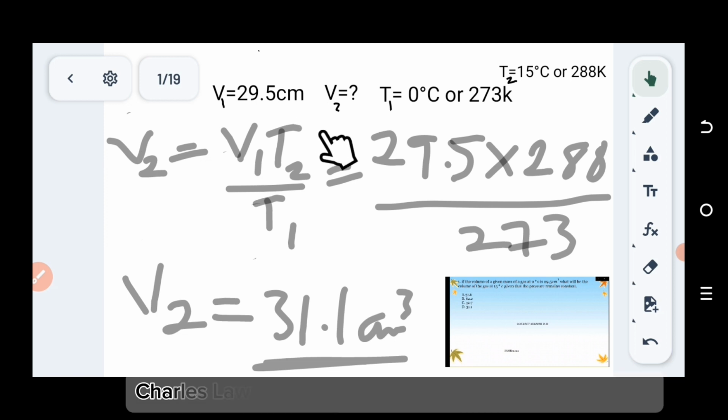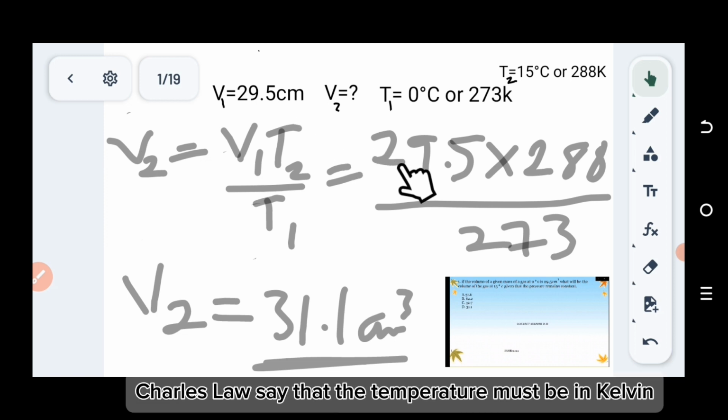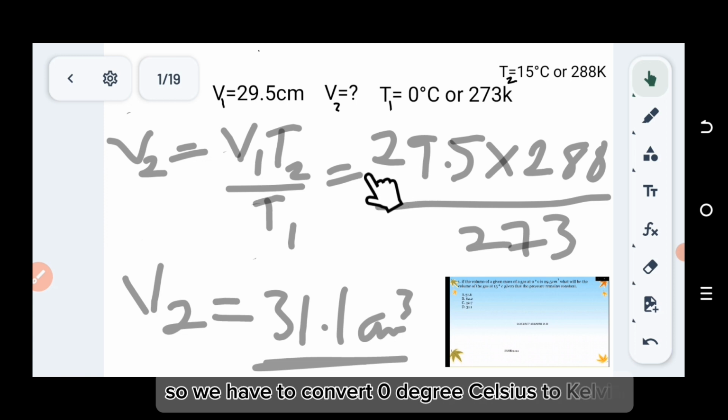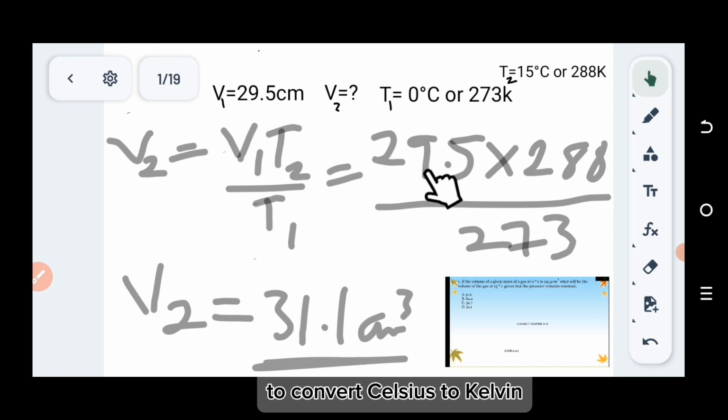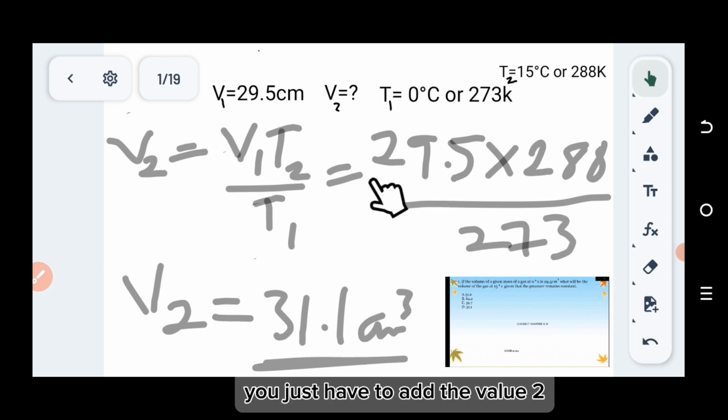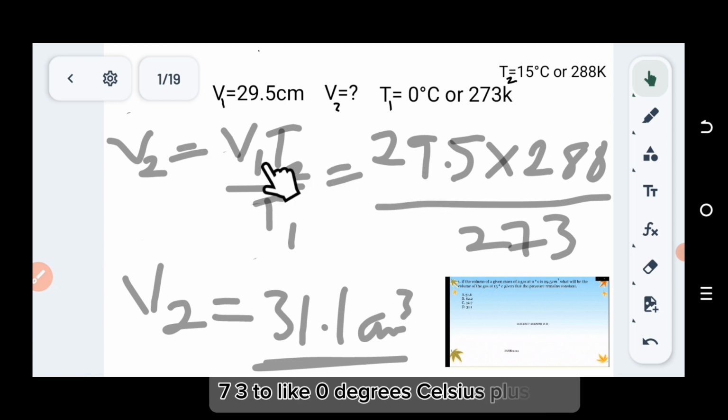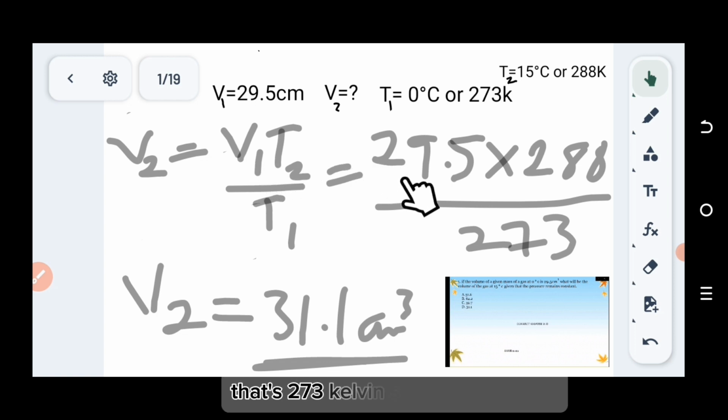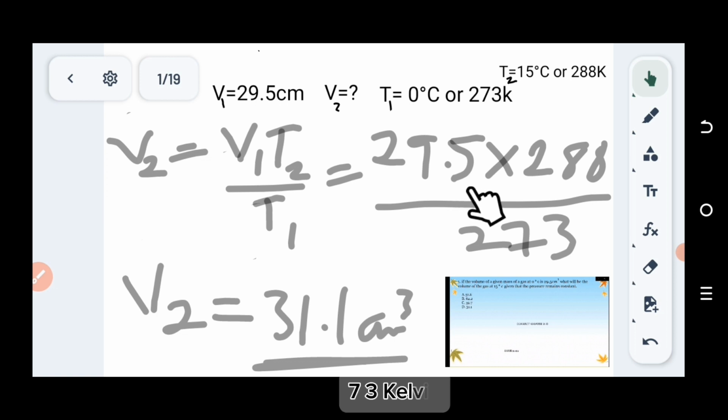But Charles law says that the temperature must be in Kelvin, so we have to convert 0 degrees Celsius to Kelvin. To convert Celsius to Kelvin, you just add 273 to it, so 0 degrees Celsius plus 273 is 273 Kelvin. So our T1 will be 273 Kelvin.